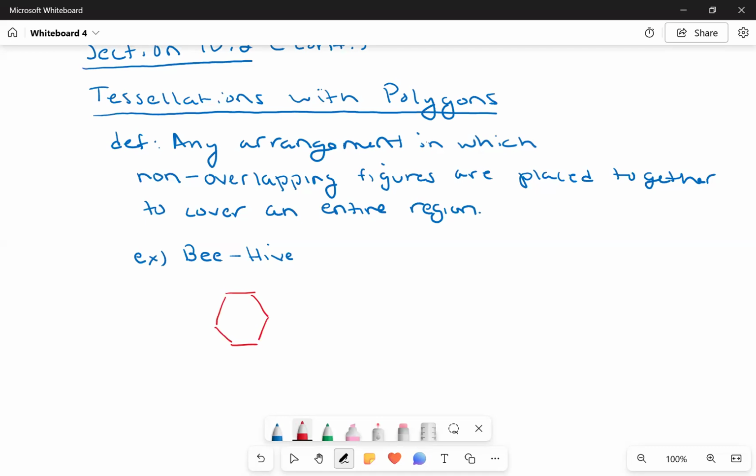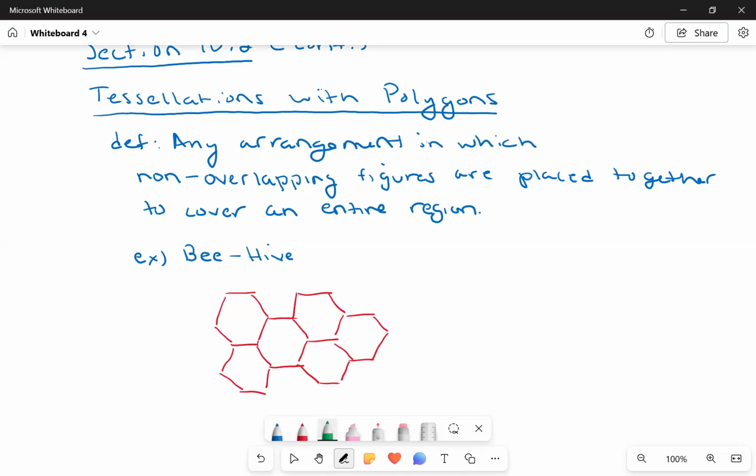Now, this is supposed to be a regular hexagon, meaning all the sides are supposed to be equal and they're all touching, but of course, I'm not perfect. That's all right. You get the idea. They repeat over and over again, and they fit together perfectly, and we can stack them, and they make all these lovely little shapes.